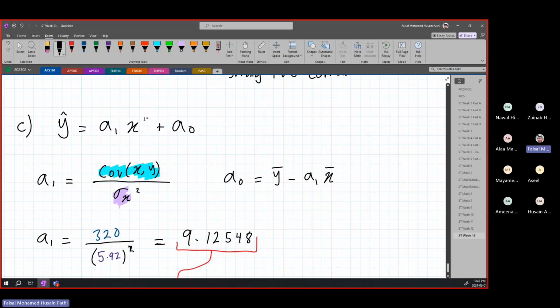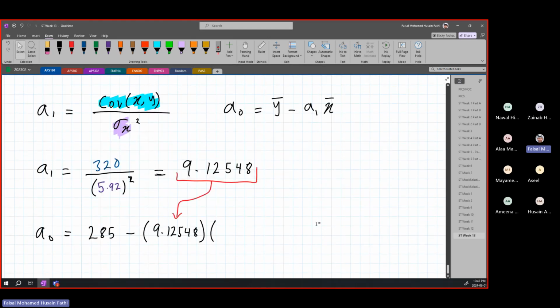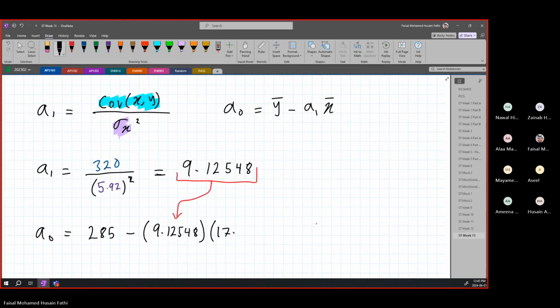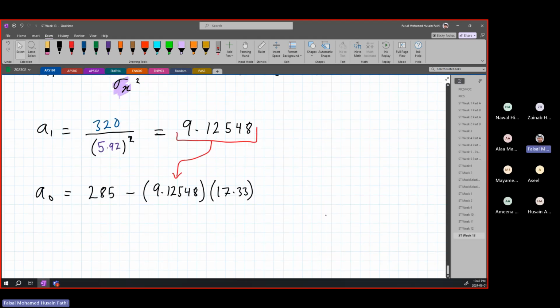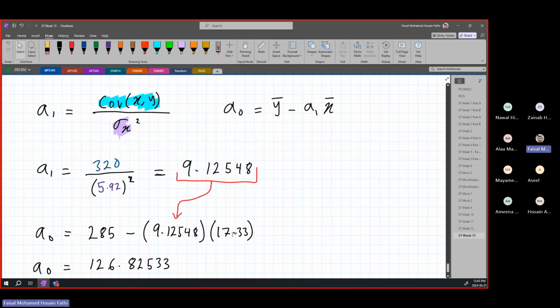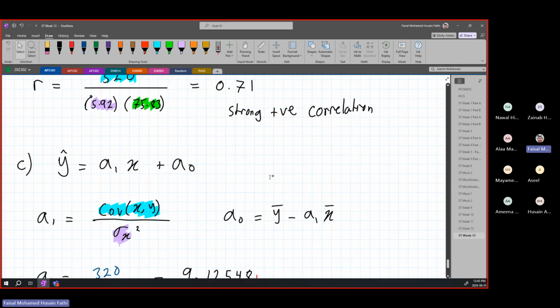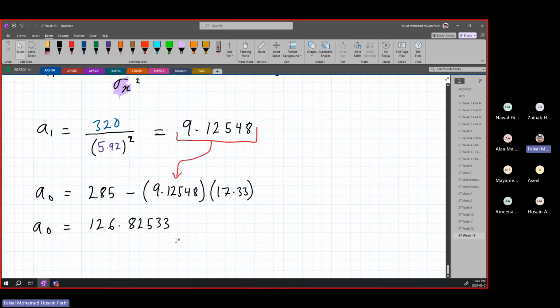Times x bar, which also again we found from the table from the very beginning, which is 17.33. And we have found our a0. So a0, we just put this all in the calculator and we're going to get 126.82533.